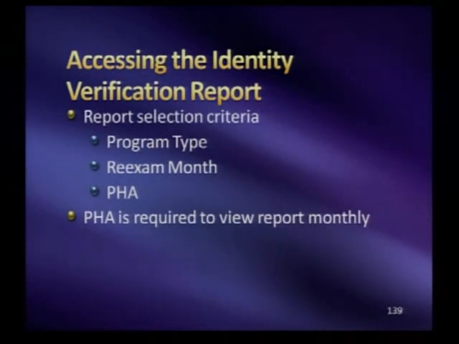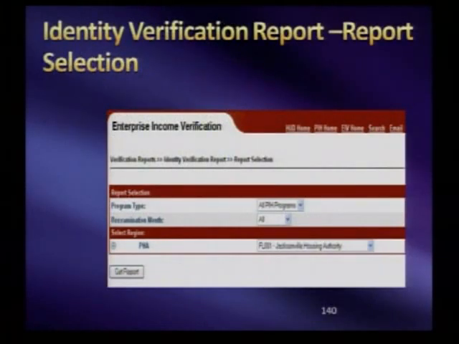But again, if you're using the EIV Income Report, you will automatically be catching these issues with people who have failed the identity validation process. And again, it's very simple to access the report: clicking on the identity verification report and specifying your search criteria enables you to do your search.